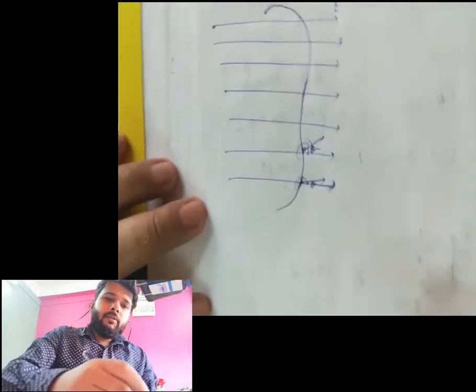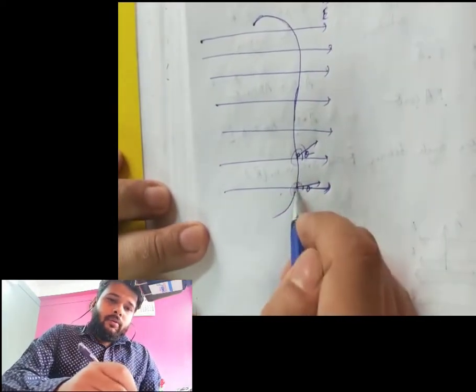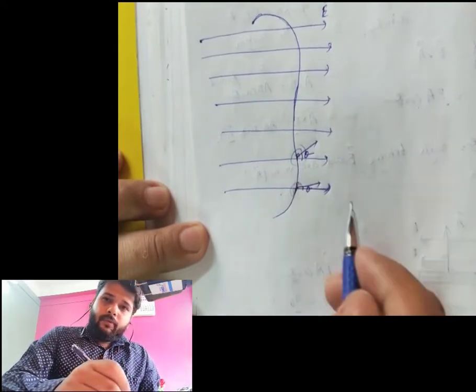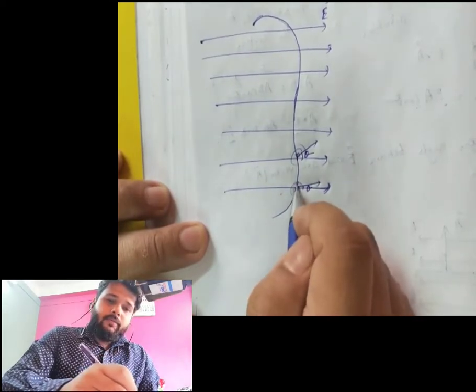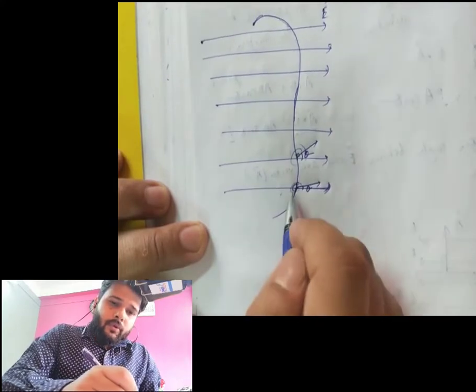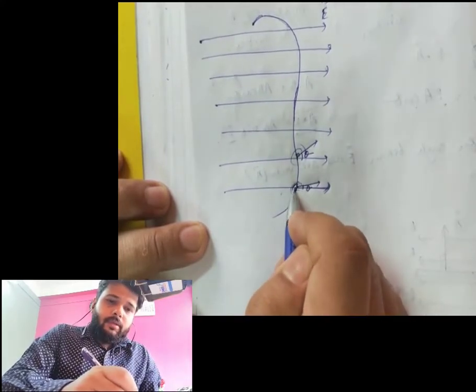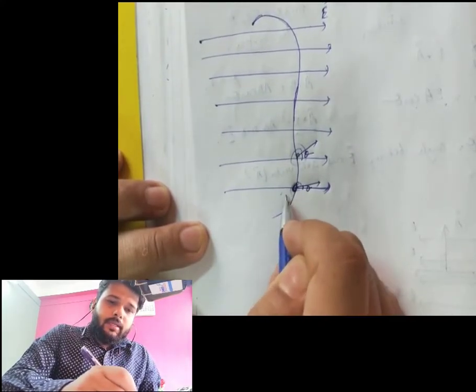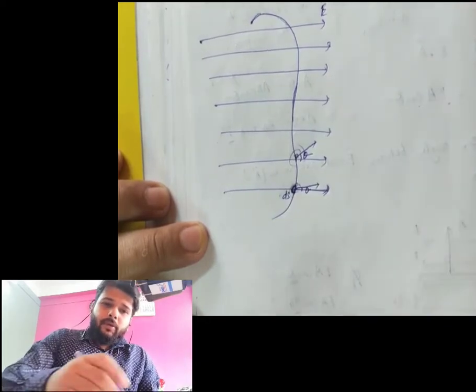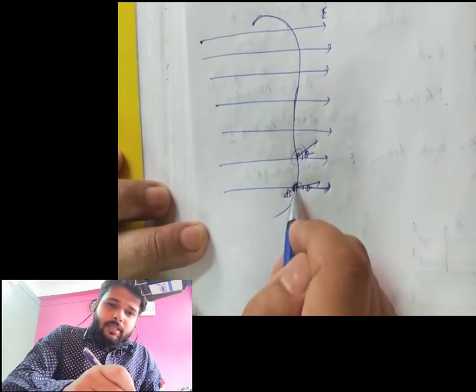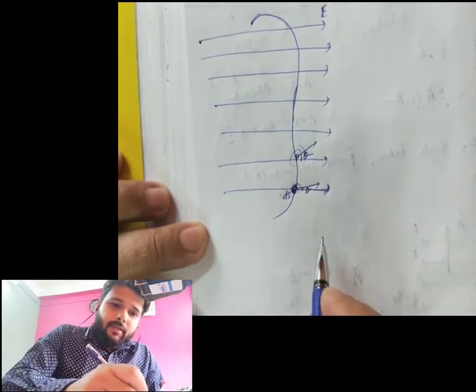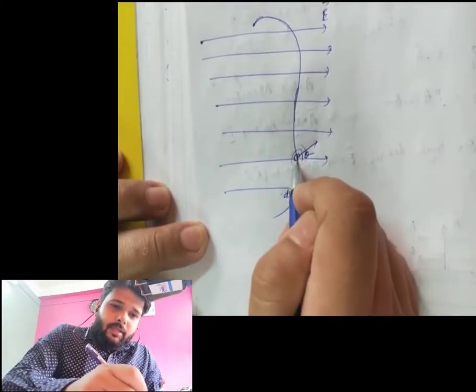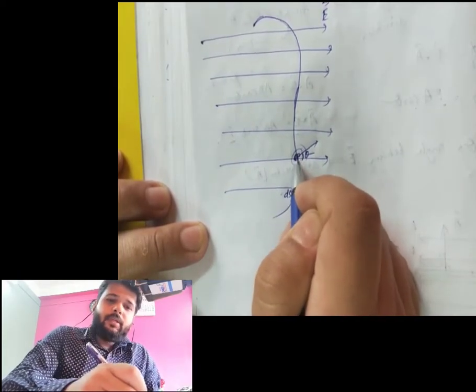Okay, now to find the electric flux linked with the surface, what we do is we take a very small surface and call it ds, because for this very small surface theta will be constant. Again, if we take a very small surface over here, theta will be constant for this surface.